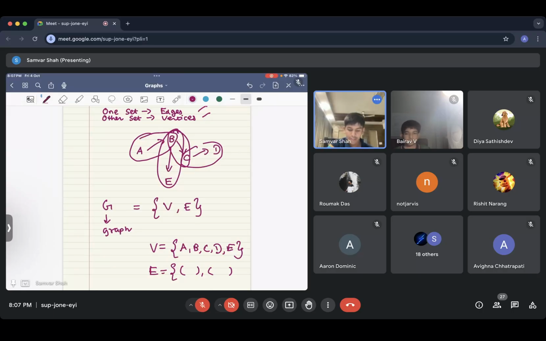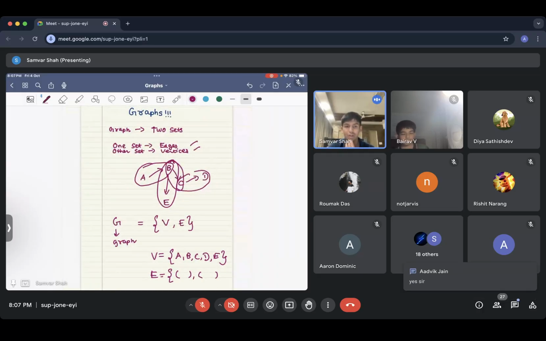A graph is the two sets and the relation between all the vertices and how they're connected via edges. I hope that made sense to everybody. If not, you can unmute or just write in the chat, whichever you're comfortable with. Okay, so I will assume that that made sense.